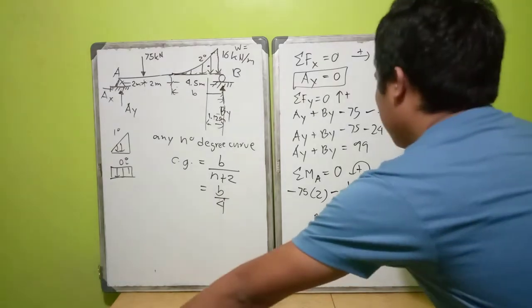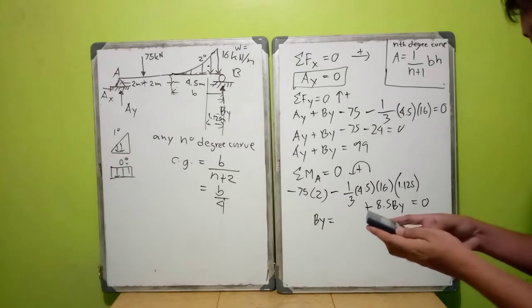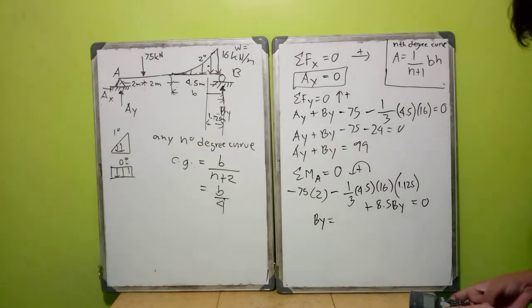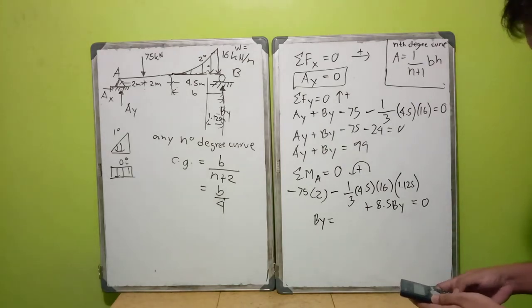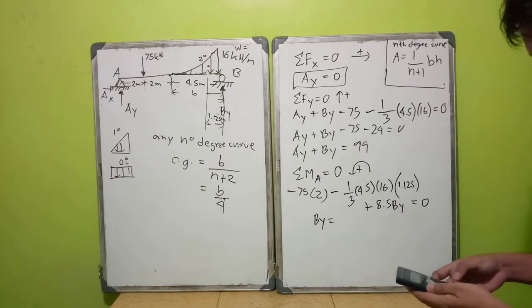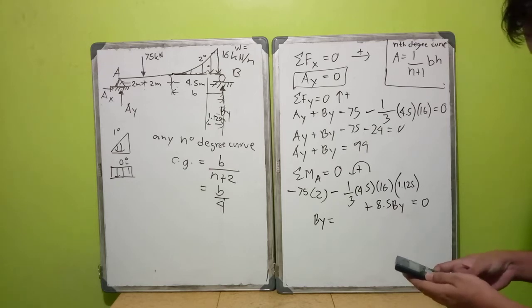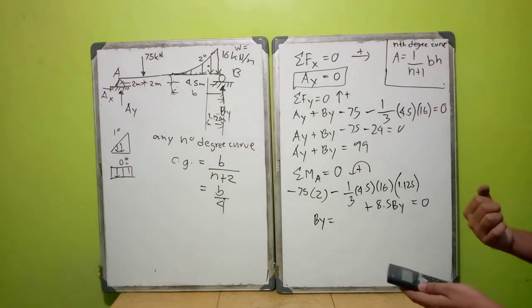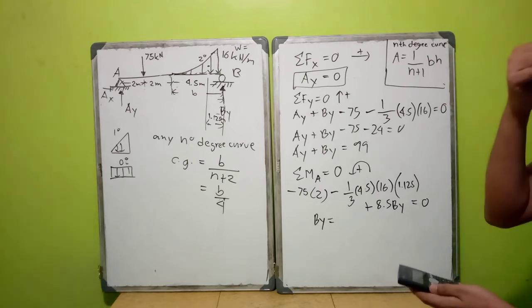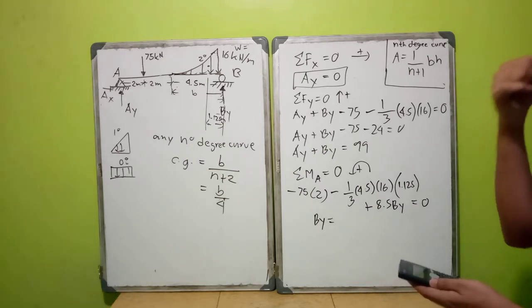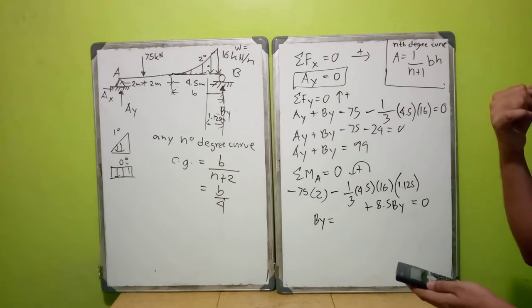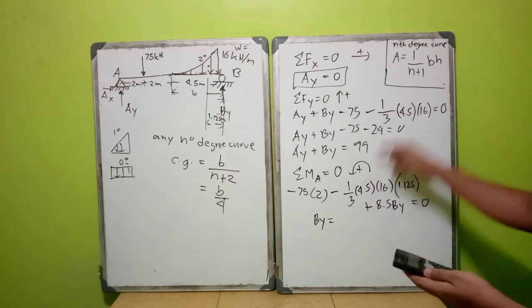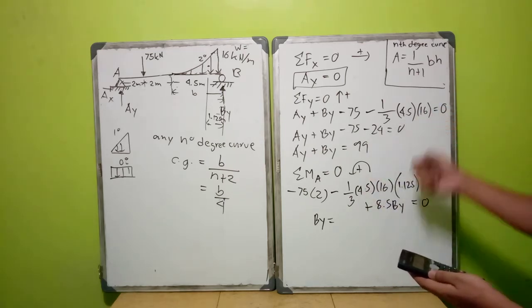So we have plus 75, and 1/3 times 4.5 times 16.